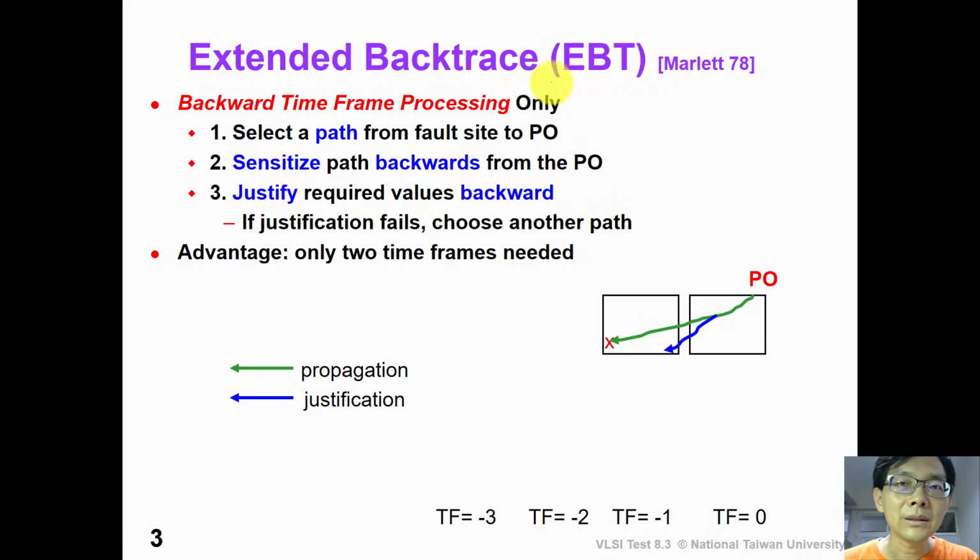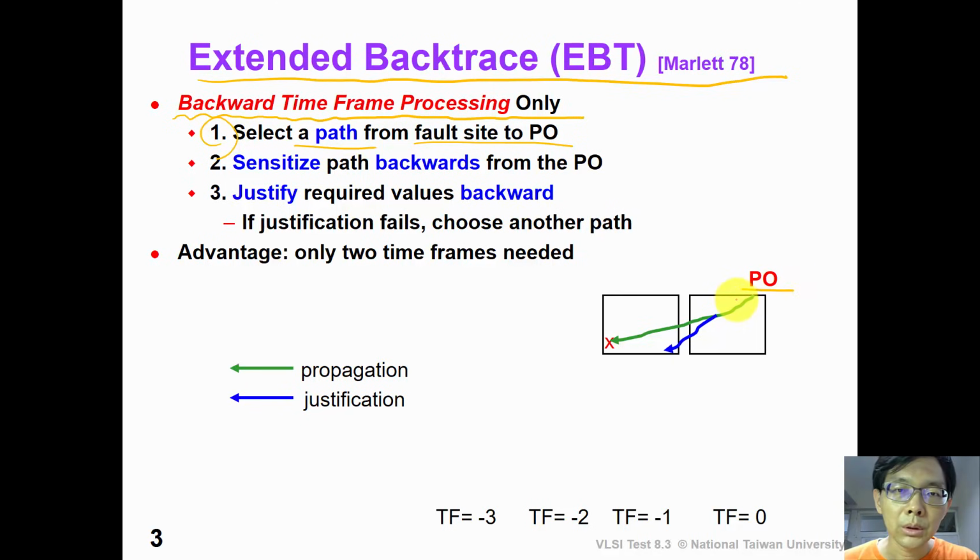In 1978, the EBT algorithm was proposed, which only used backward time frame processing. No forward time frame processing is needed. The algorithm is pretty simple. In the first step, we select a path from the fault site to the PO.